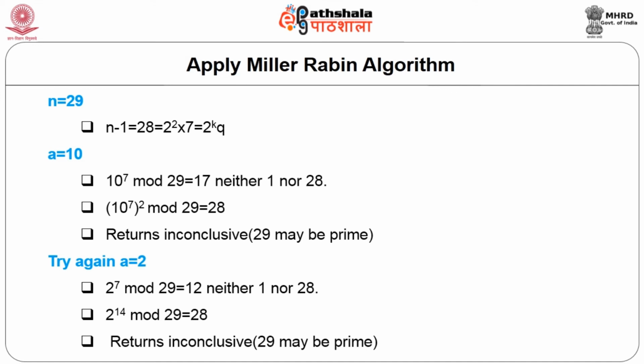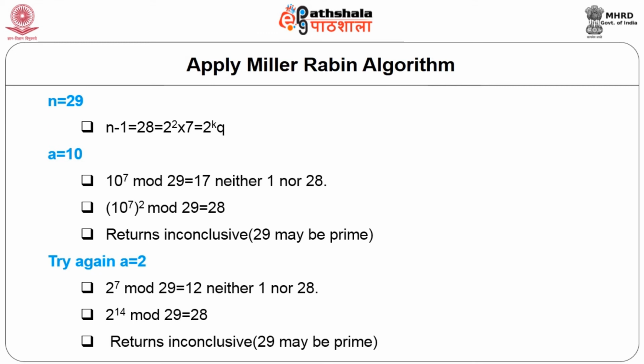It comes out to be 28, which satisfies our property that a raised to 2 raised to j into q mod n is n minus 1. So we return that 29 may be prime. As I said, you cannot be sure whether the number is prime or not, so repeat this algorithm with one more a value.